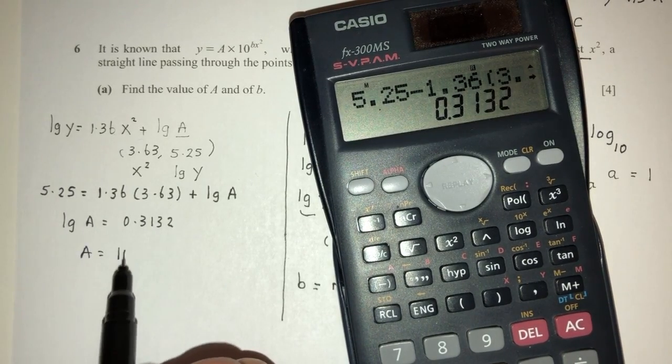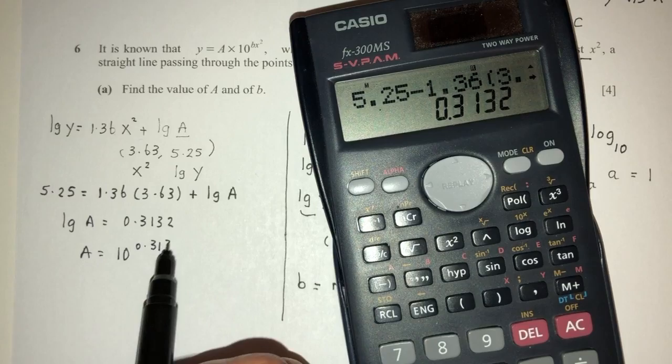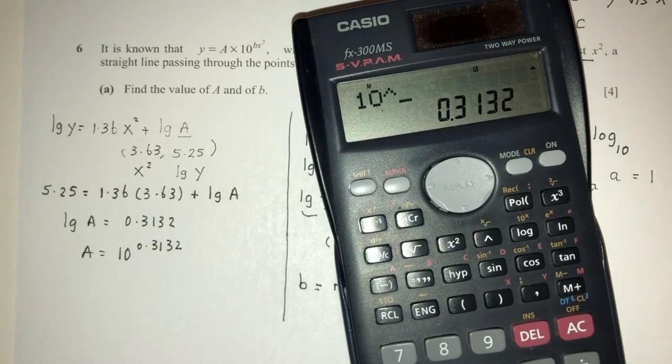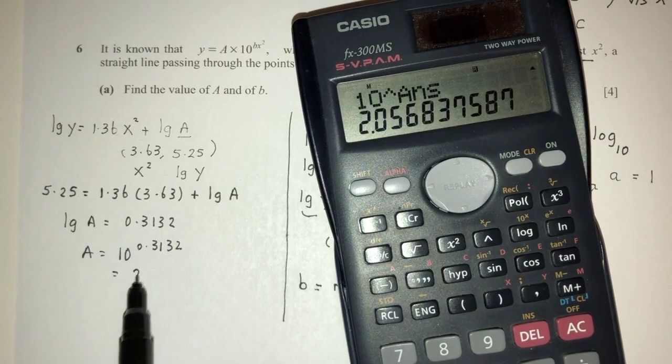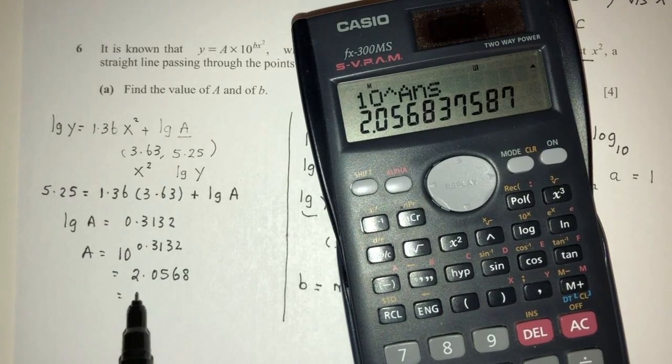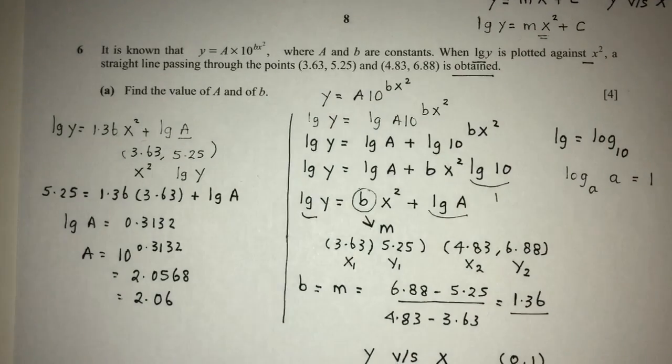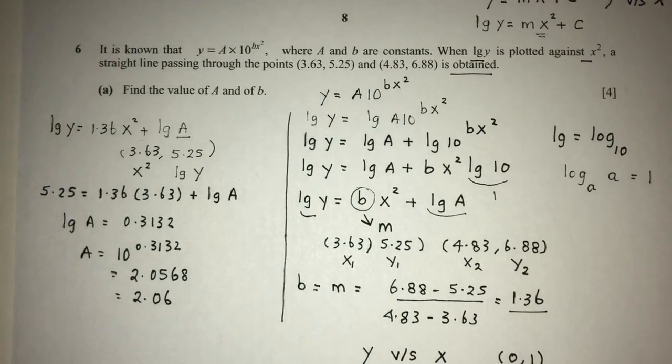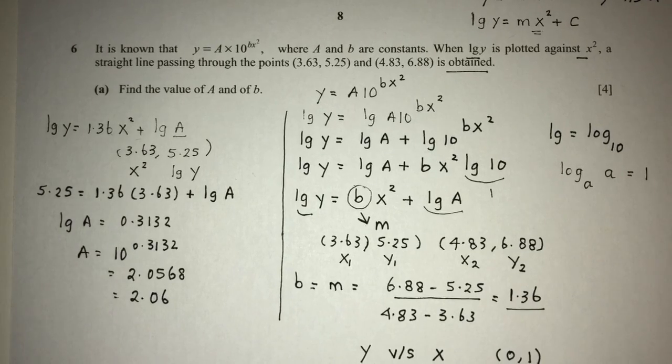A has to be 10 power 0.3132. That will be 2.0568, which is 2.06, correct to 3SF. That will be the values of A and B for part A of the question.